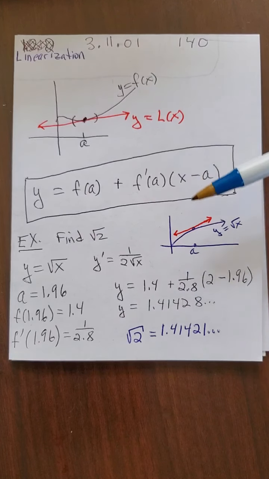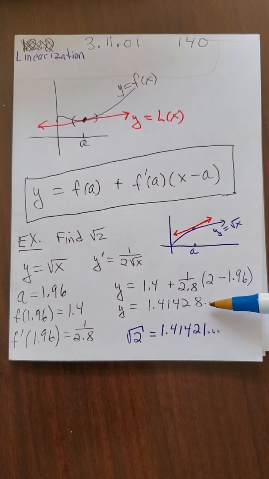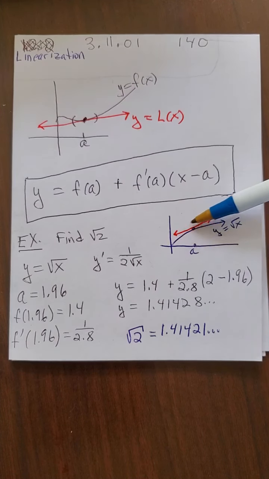That makes a lot of sense because you can see from the picture that the tangent line is above the curve, so the tangent is a little bit higher than the curve. It doesn't surprise me that our approximation is very close, but it could have been slightly above, or it could have been slightly below. It doesn't surprise me that it's slightly above because the tangent is above the curve.